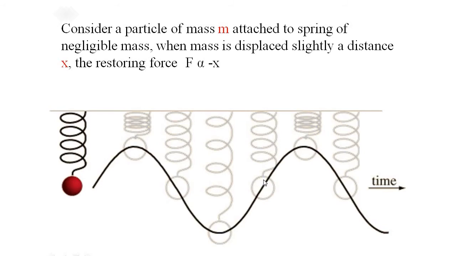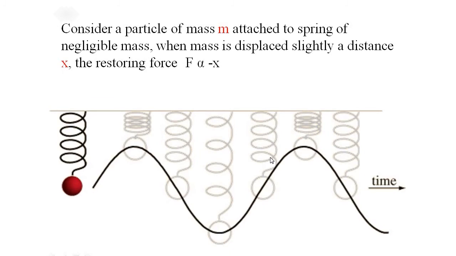It overshoots again, and this compression and relaxation repeats itself after an interval of time and forms a simple harmonic motion. We can represent its position by such a graph.